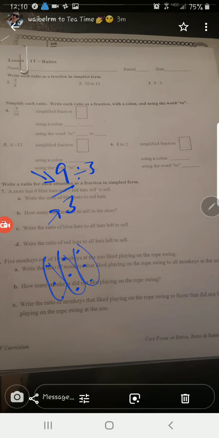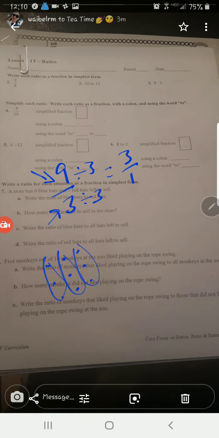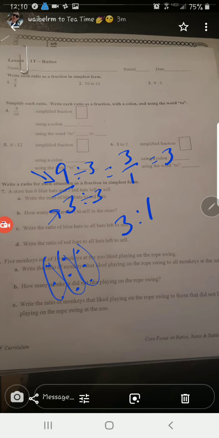So divide each of these by 3, and that's going to equal 3/1, which equals 3. And then you can rewrite it as 3 compared to 1.